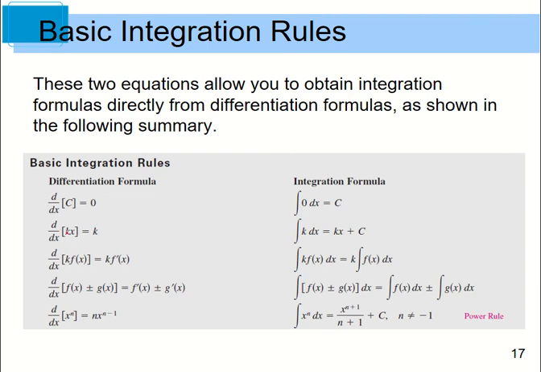It means that when we differentiate x, we get 1, and 1 times k gives k. Therefore, integrating a number k will give us kx. For example, if we differentiate 2x, we get 2. In this case, integrating 2 will give us 2x plus a constant.